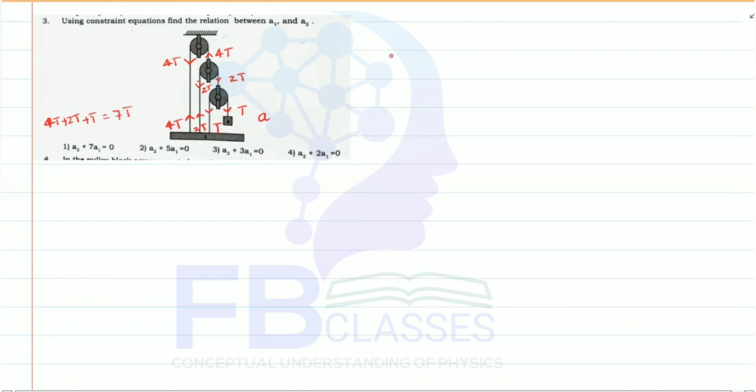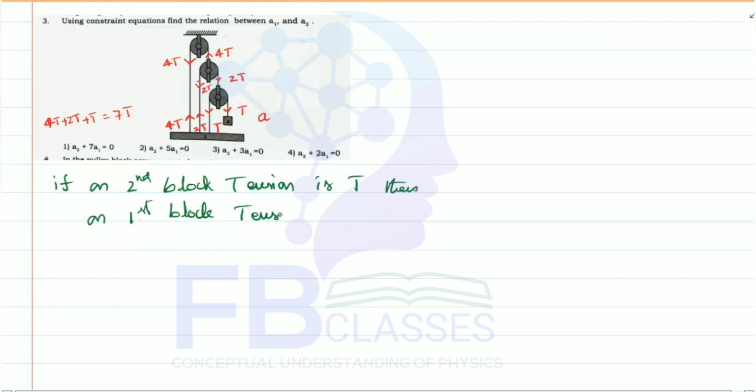So now according to the constraint, if on the second block tension is T, then on the first block tension is 7T, right?